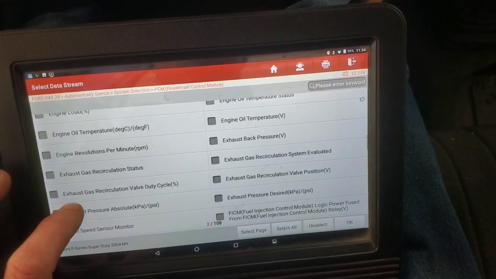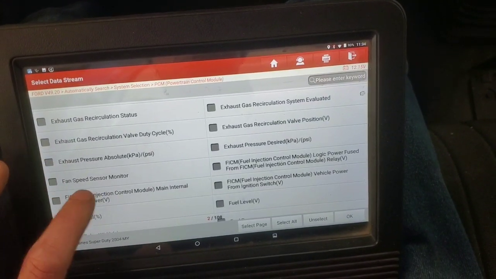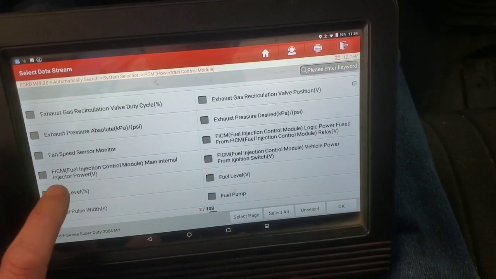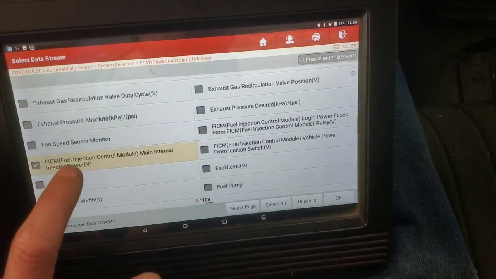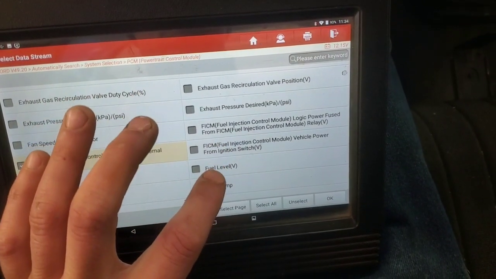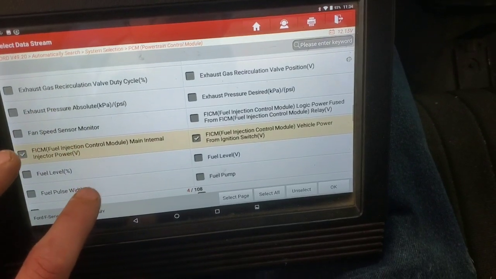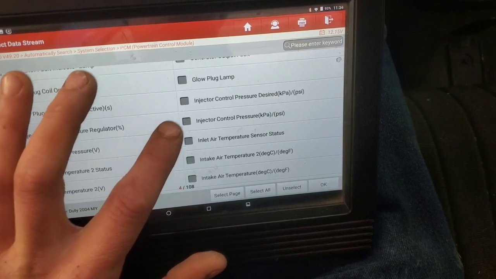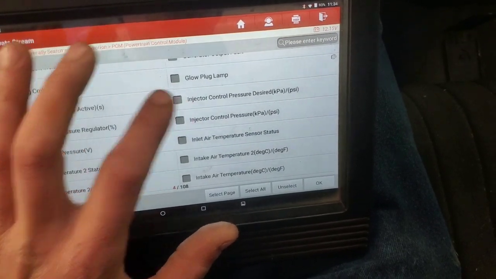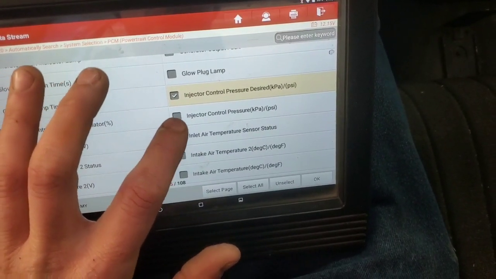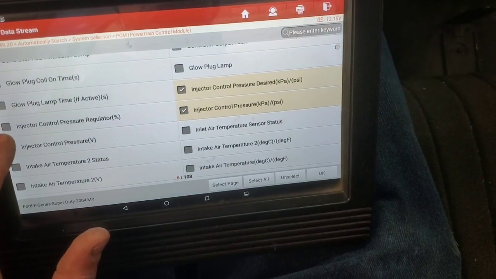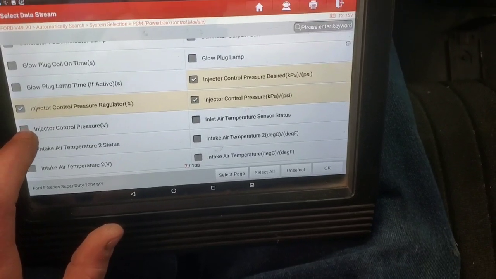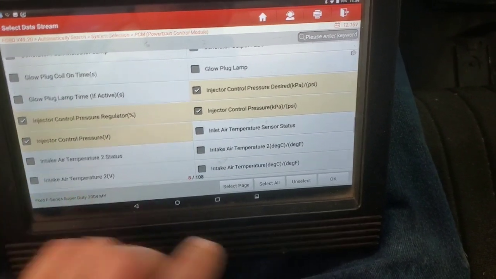I don't really need the RPM. We need internal injection power for the FICM. I do always like to get the power from the batteries. Okay, we want injection control pressure, desired PSI. I like that one. We want the actual PSI. We want the IPR voltage, but then the main one right here is this injection control pressure voltage.